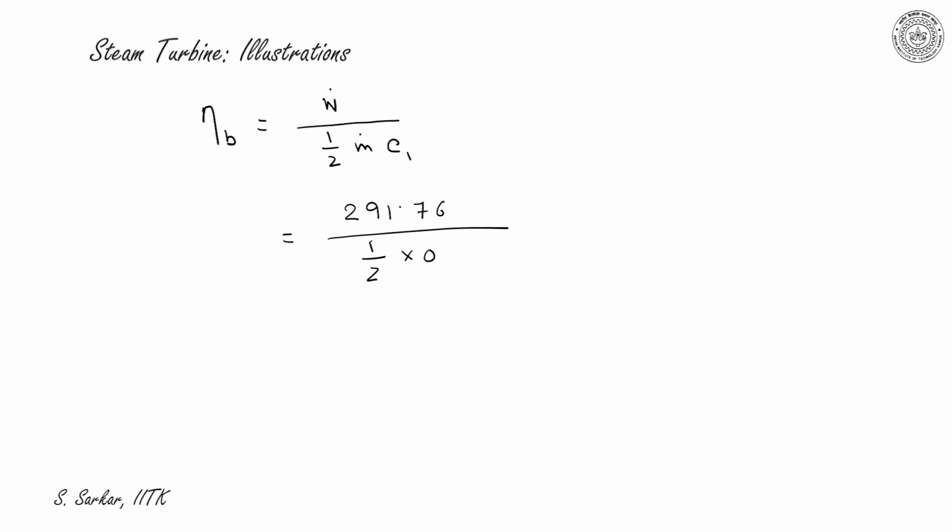So what will be the diagram efficiency or the blade efficiency eta B? It is equal to W dot that we have evaluated earlier, divided by half m dot into C1 square. Now W dot we have evaluated as 291.76, half, the value of m dot is 0.75, C1 is 1000.